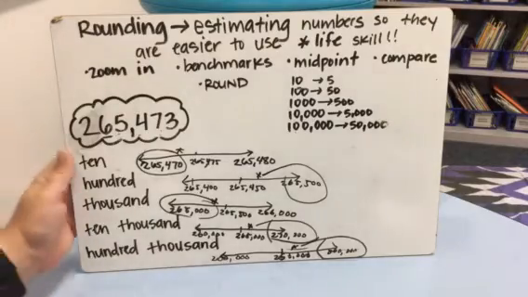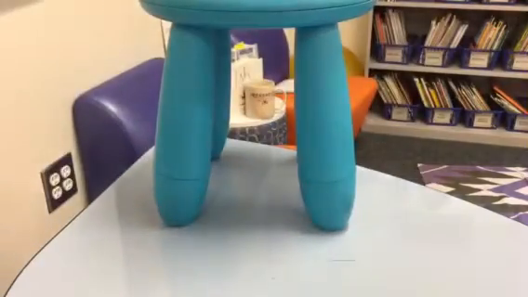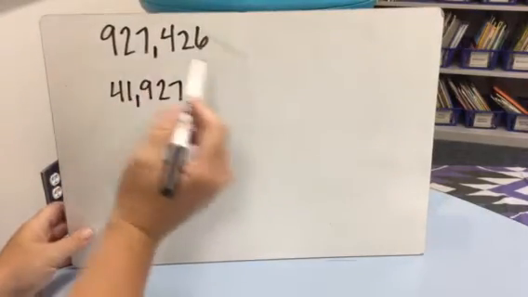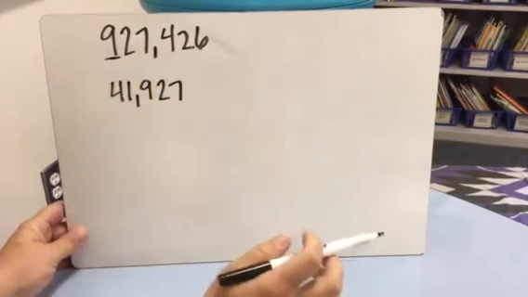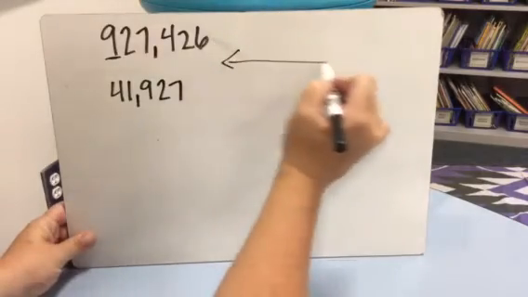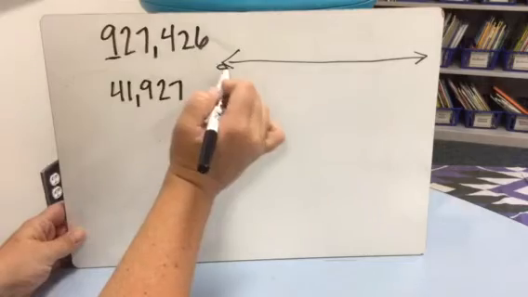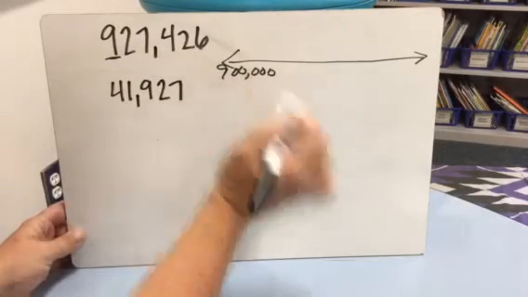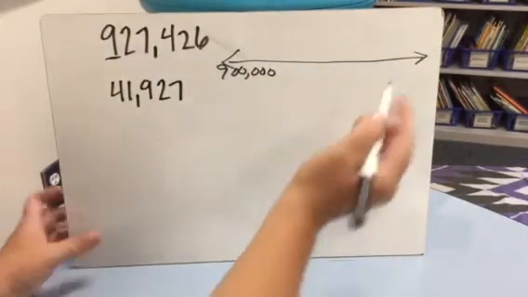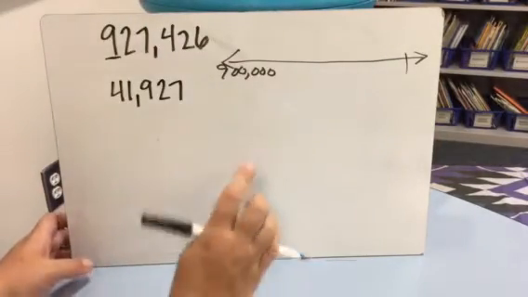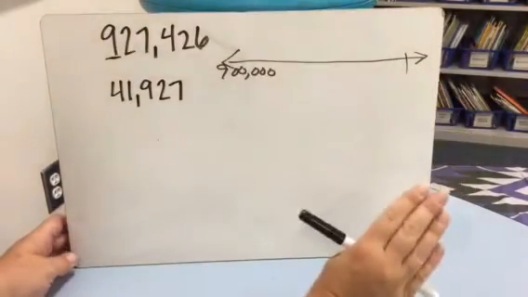One other thing I want to show you that can be tricky sometimes is an example like this. So for this example here, I want to round to the nearest 100,000, okay? So I'm going to make my number line, and the 100,000 I'm in is the 900,000s. And then this is the tricky part. The next benchmark is the 10,000,000s. Well, remember, when we make new groups of 10, it goes into a new place value.